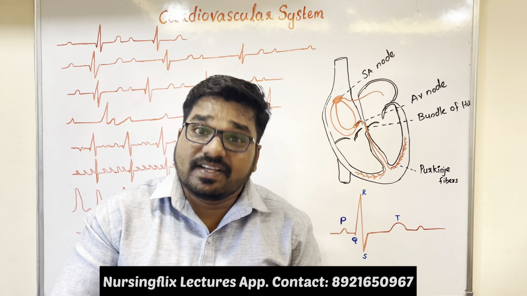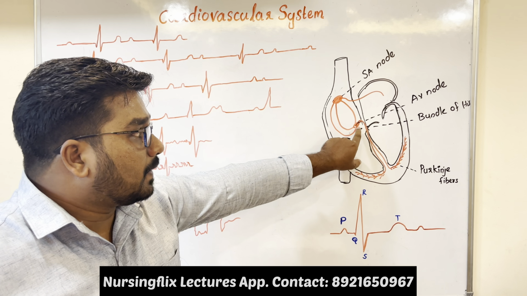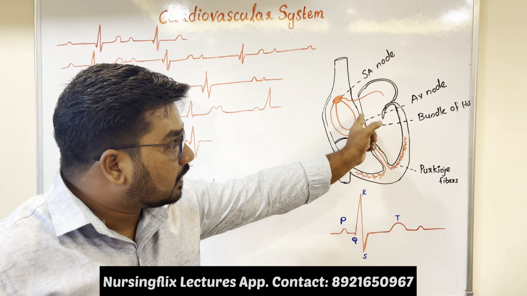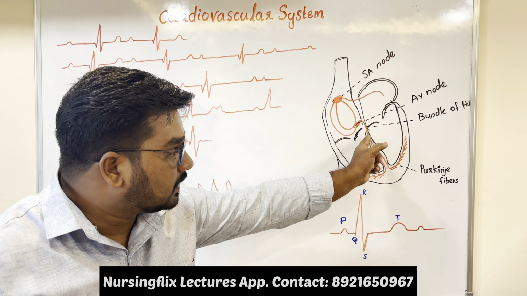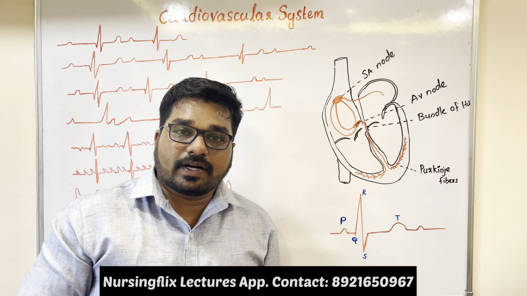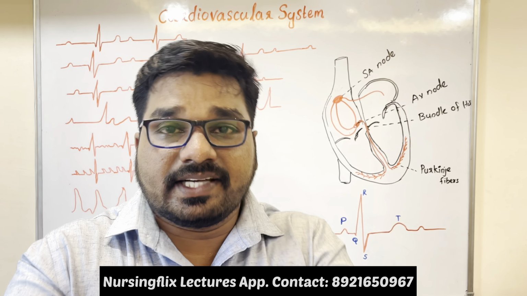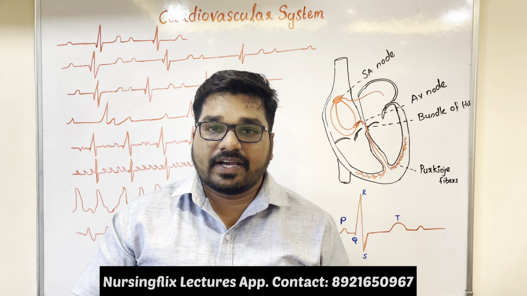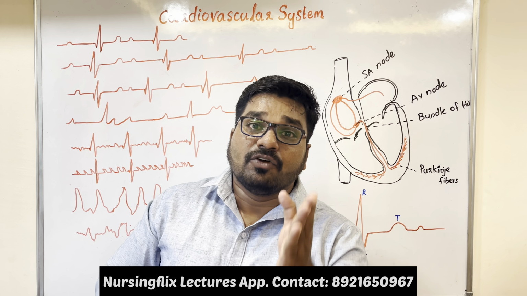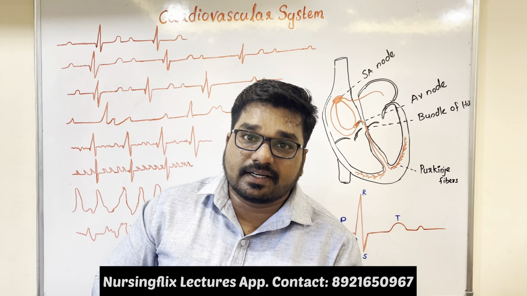Then, from the SA node, electrical impulses reach the AV node. From the AV node, they are transmitted through the bundle of His, bundle branches and to the Purkinje fibers. This is called ventricular depolarization. It may take around 0.3 seconds, which will result in ventricular systole, contraction of the ventricles.